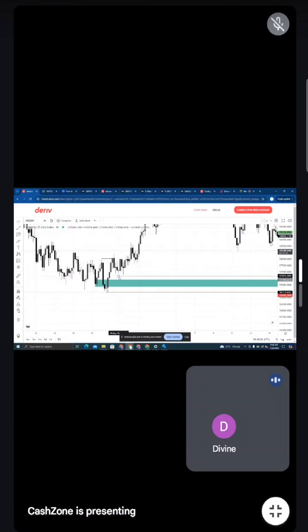Then it came down, created a low and broke structure again. This is what I saw. And I told you, when you see this pullback and another break of structure, the first break of structure is called transactional liquidity.